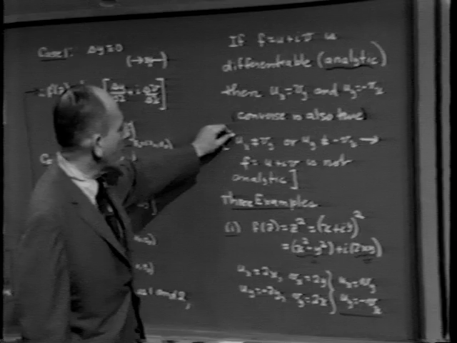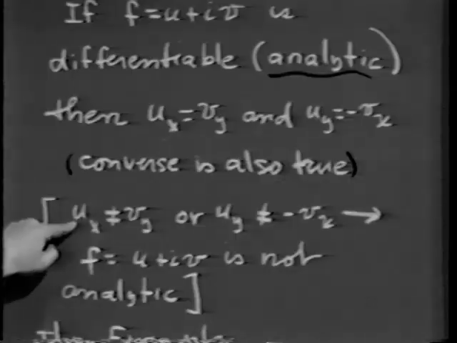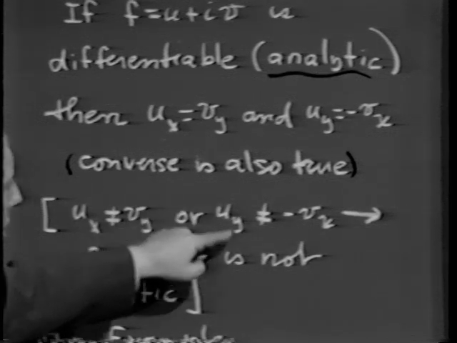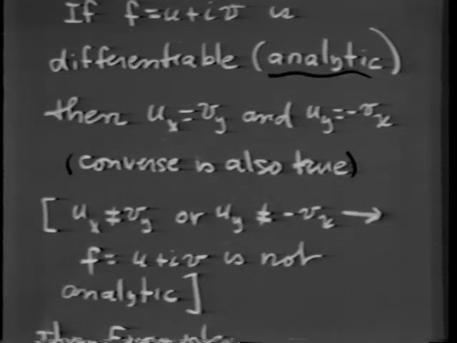But to put this from a different perspective, if either u sub x is not equal to v sub y, or u sub y is not equal to minus v sub x, then u plus iv cannot be an analytic function. And the easiest way to talk about this is in terms of examples.